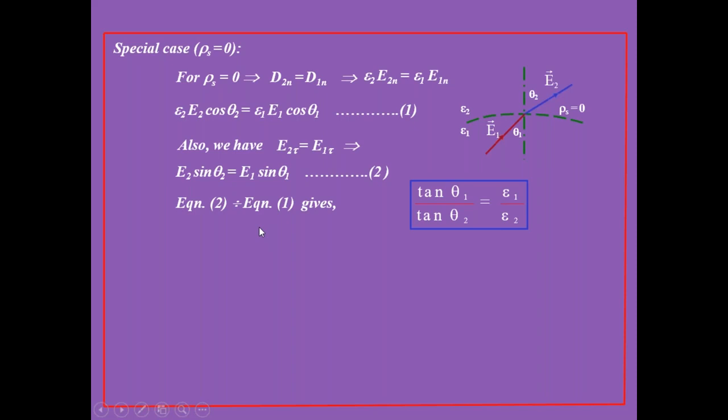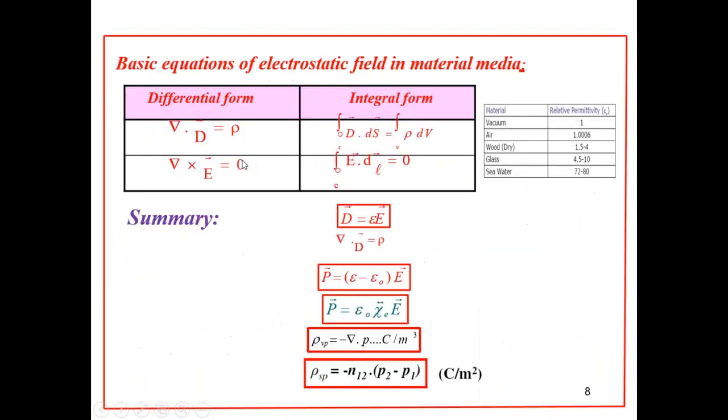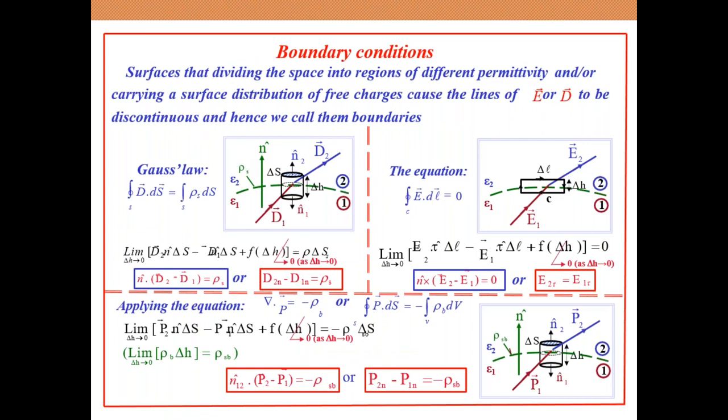Then the boundary conditions of electrostatic fields. Surfaces dividing space regions of different permittivity and carrying a surface distribution of charges cause the fields E and D to be discontinuous.